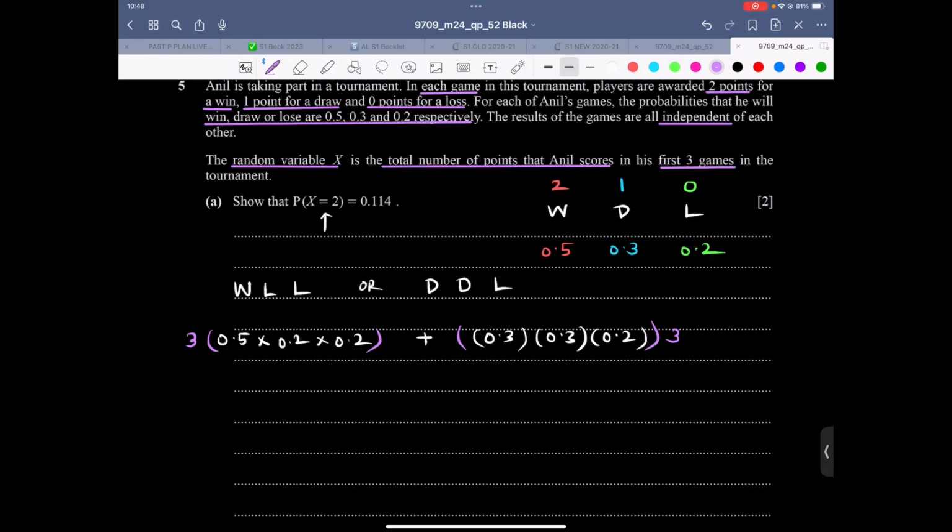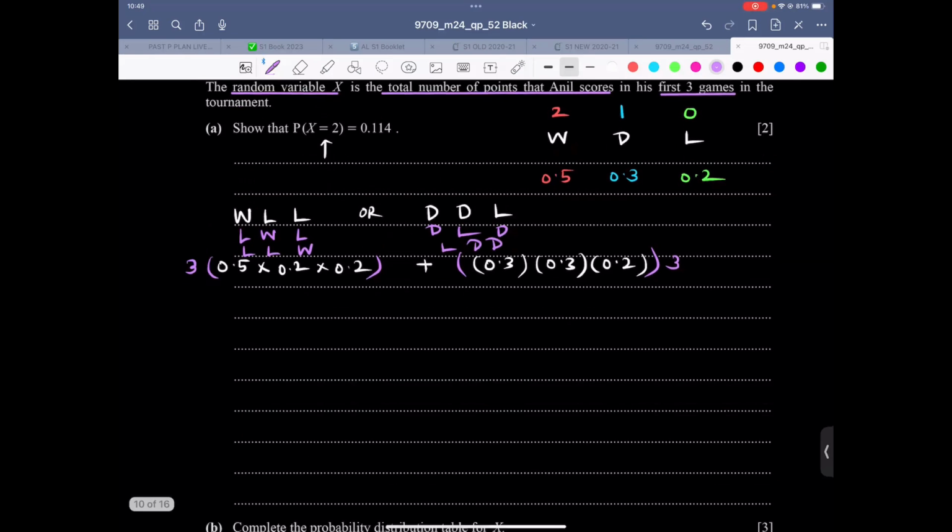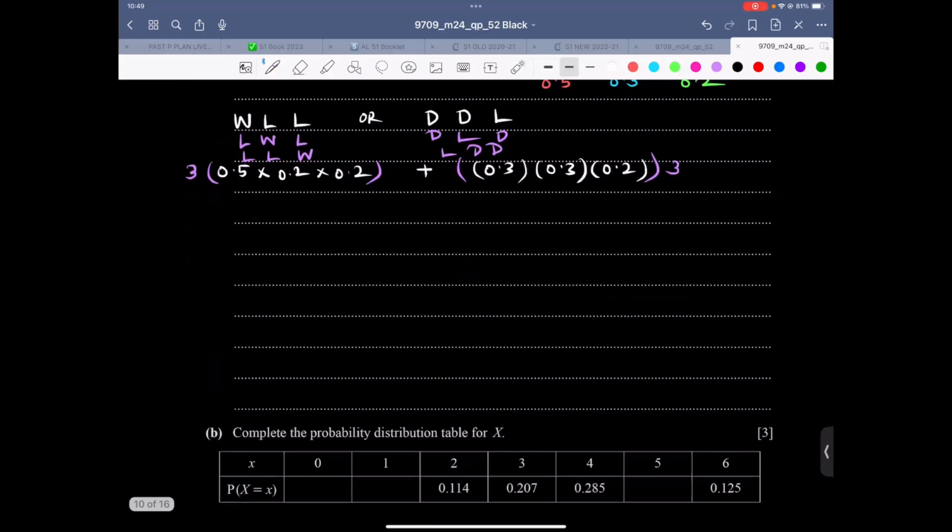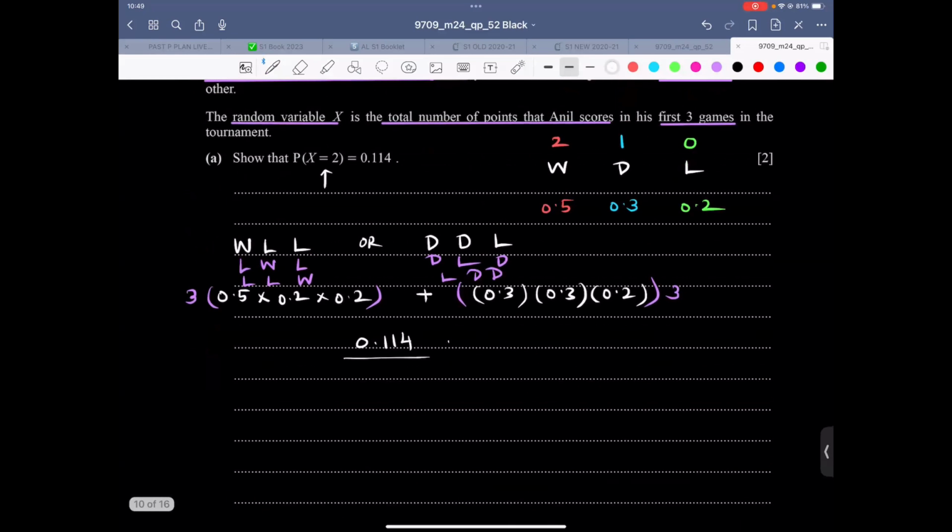Because there are 3 options that are possible: win, loss, loss; loss, win, loss; loss, loss, win. Similarly DDL, DLD, and LDD. So you have to take care of all these options. Now use a calculator, multiply it out, add it all up. This comes out to be 0.114, and that's an exact answer. This thing is done. Let's move on.